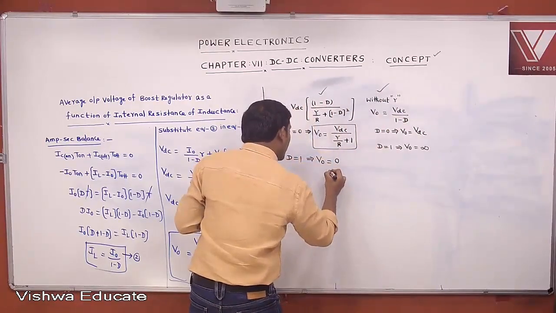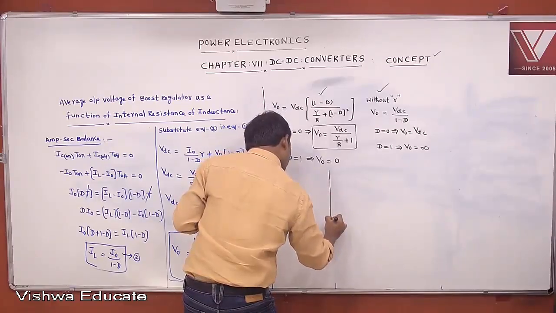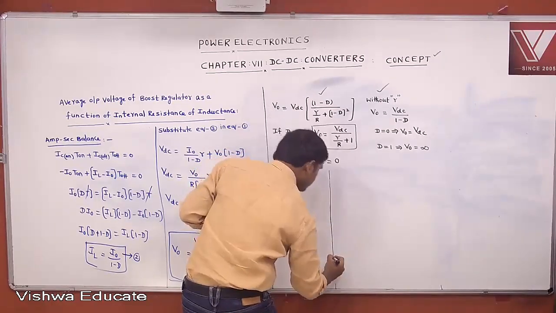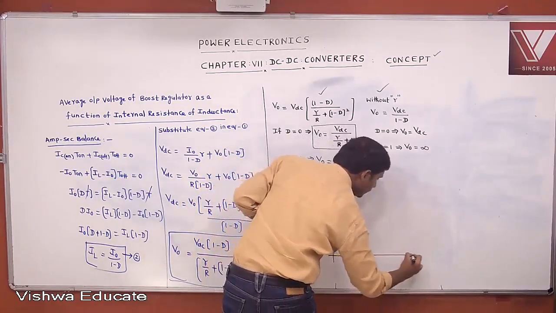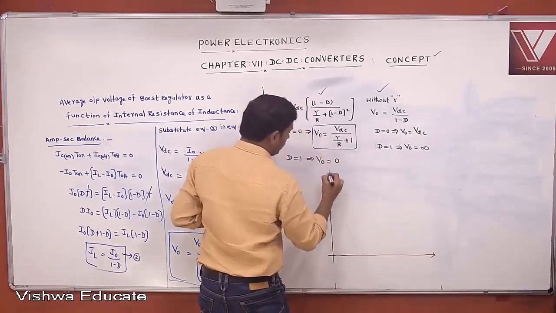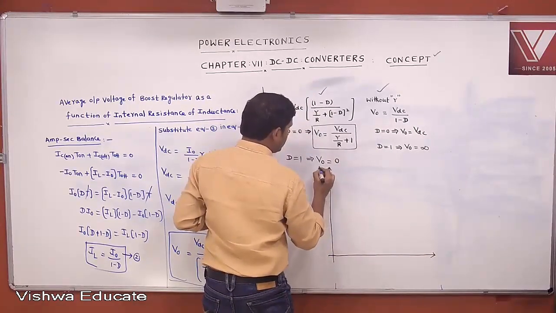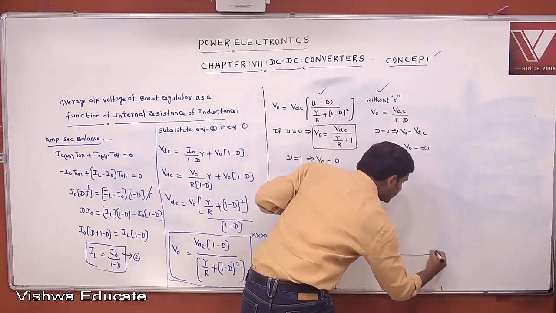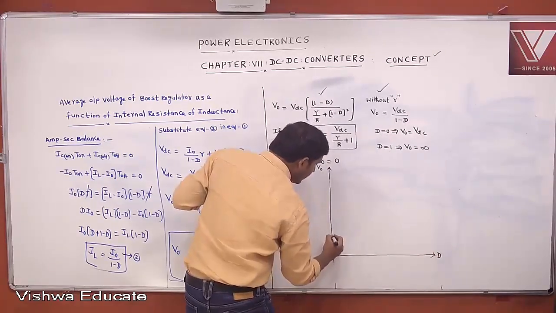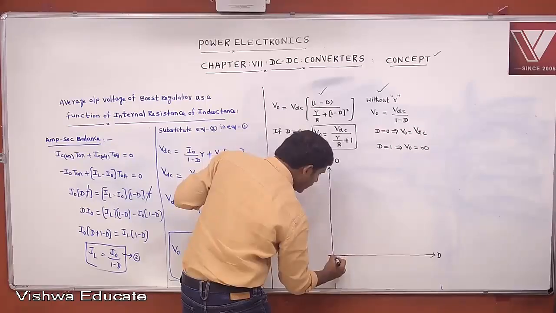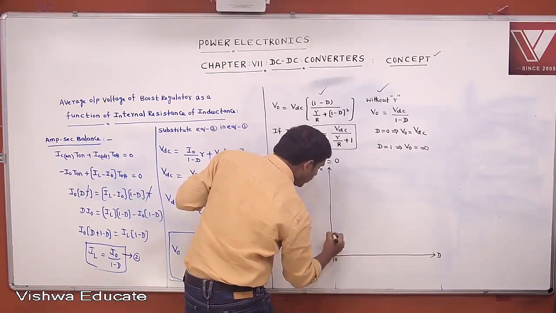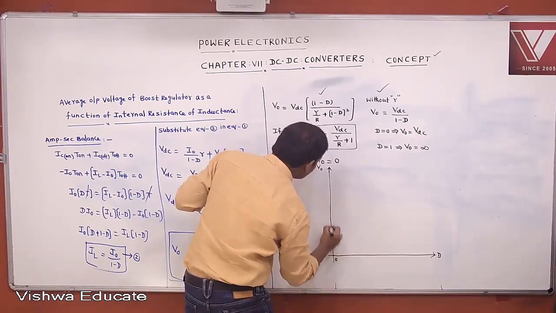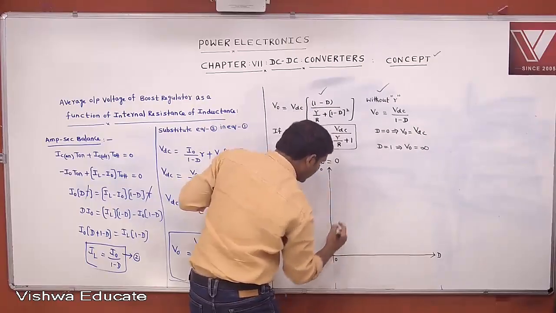Then if you draw the characteristics, this is average output voltage here, this is duty cycle. Ideally for D equal to 0, we are getting VDC.